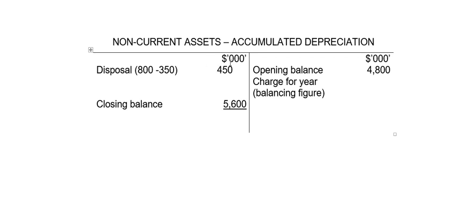So that 450 is a debit in this account. When you balance this up, your balancing figure will represent the depreciation charge for the year 2004.